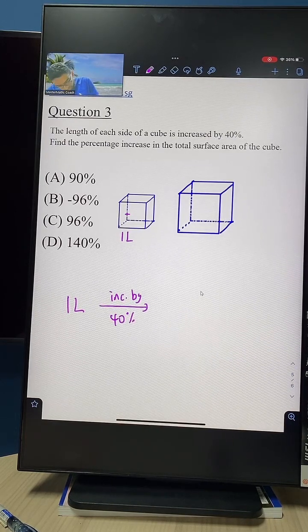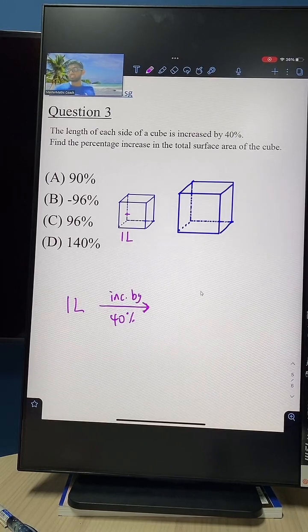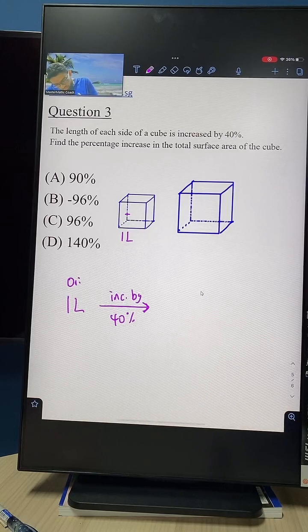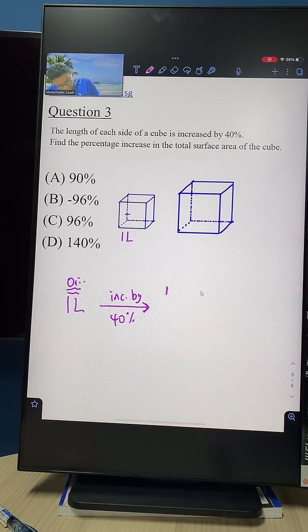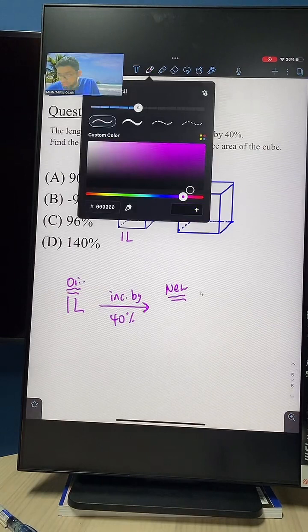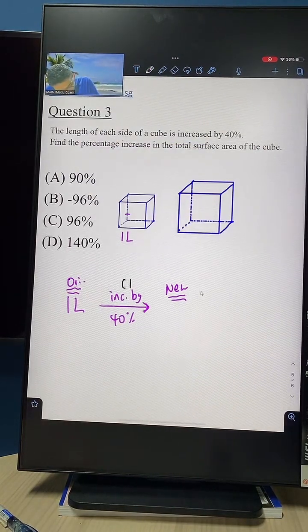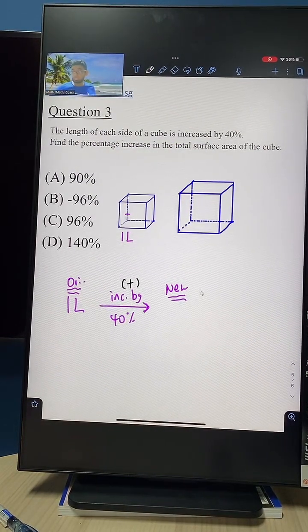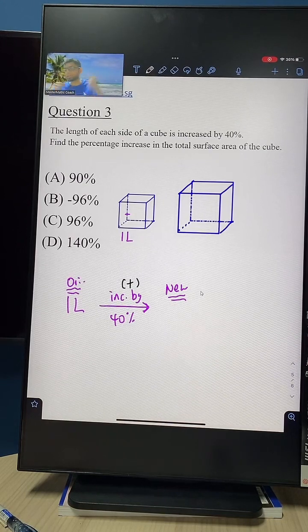So what happened to the new value of L? This is the original value, and what happened to the new value, the final value? So when you have 1L here, you increase by means you add 40%. The word increase by, replace it with an addition sign.